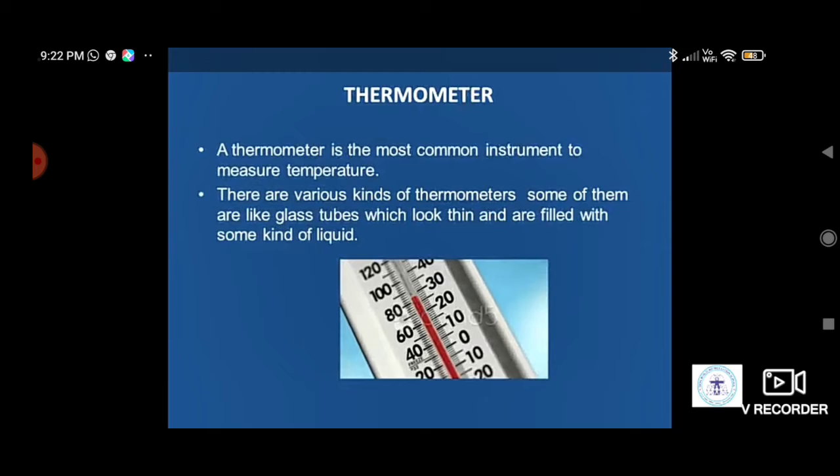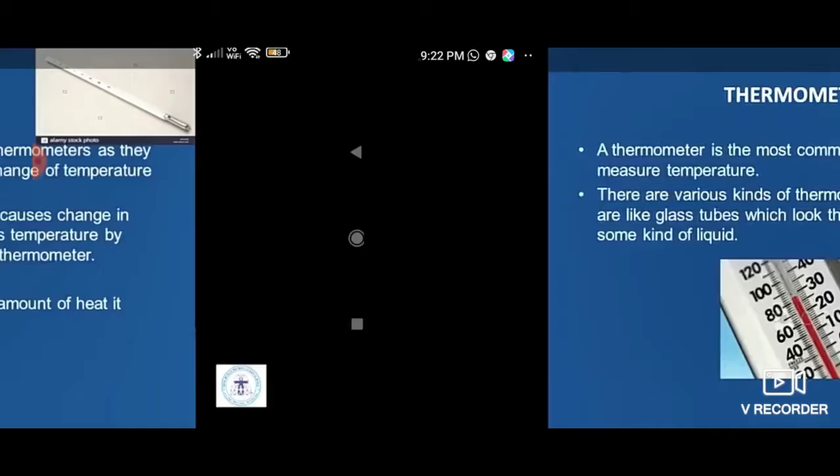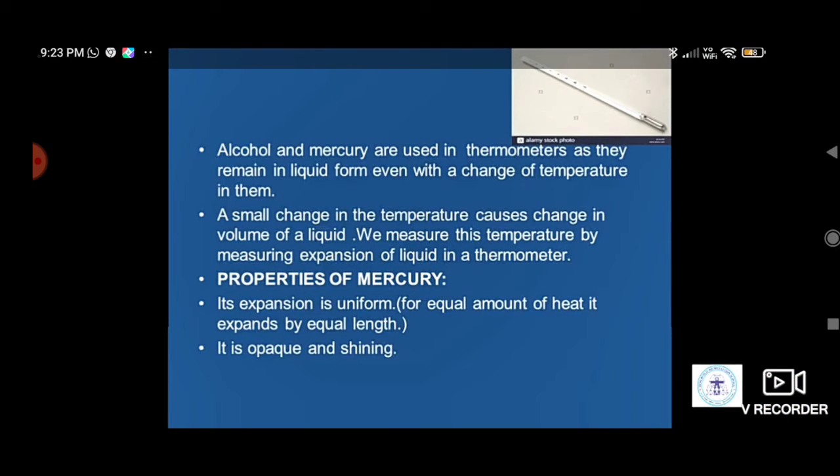What are the uses of a thermometer? A thermometer is the most common instrument to measure temperature. There are various kinds of thermometers. Some of them are like glass tubes which look thin and are filled with some kind of liquid.